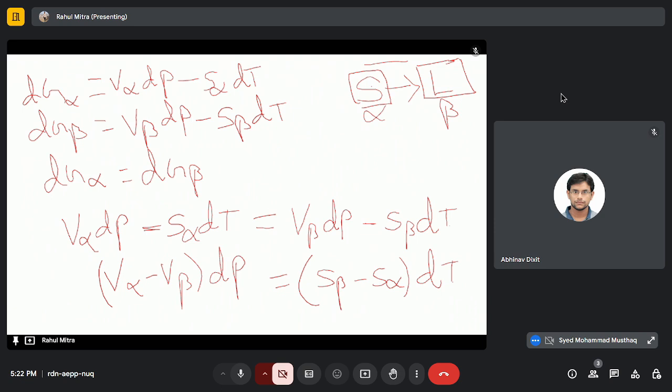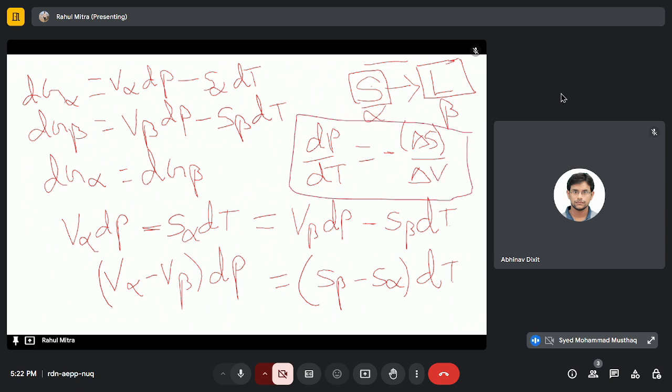So this will turn out to be dP divided by dT equals minus delta S divided by delta V, and this term is a famous one.